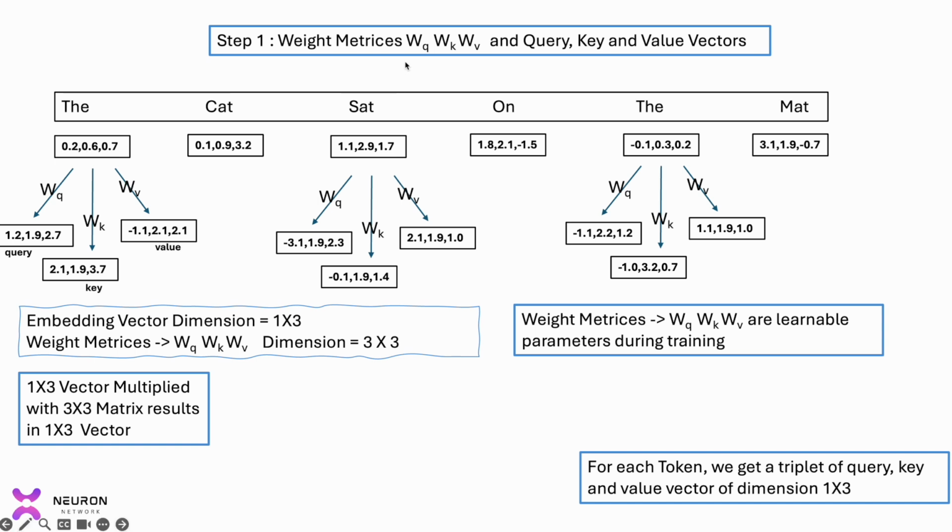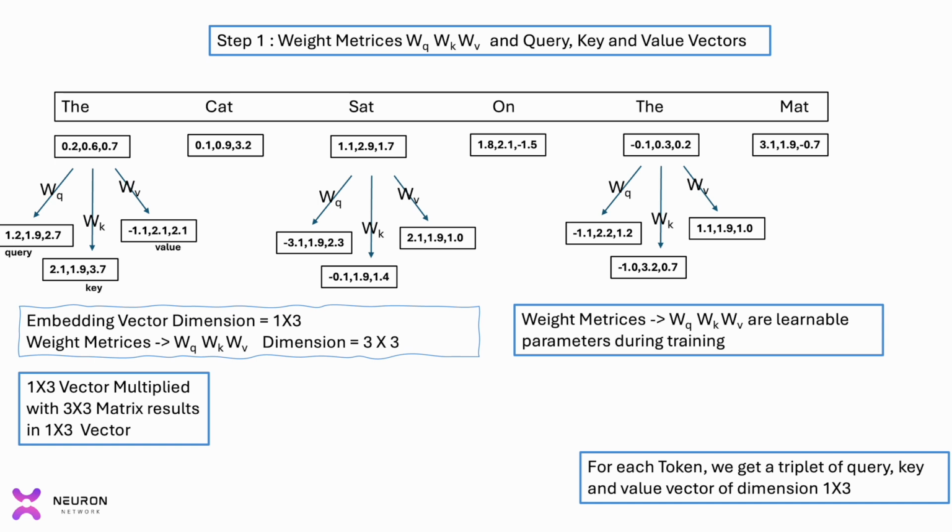After that, we are initializing three weight matrices. We call them WQ, WK, and WV. These are n cross m multi-dimensional matrices, and their parameters are learnable parameters, learned by the model during training.